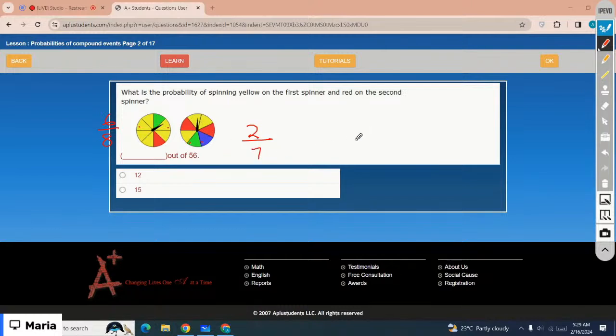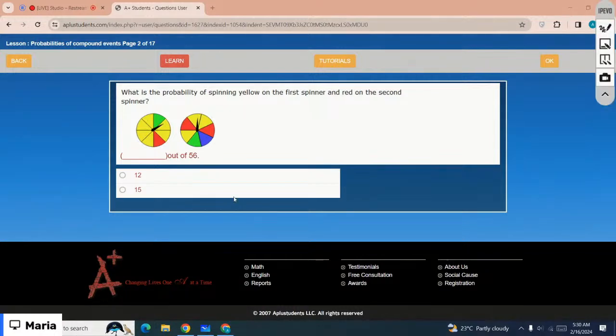Got it? So the probability is 6 out of 8 times 2 out of 7. So that is 2 times 6 is 12, 8 times 7 is 56. So the probability is 12 out of 56. Got it? Very good. The correct option is 12 out of 56.